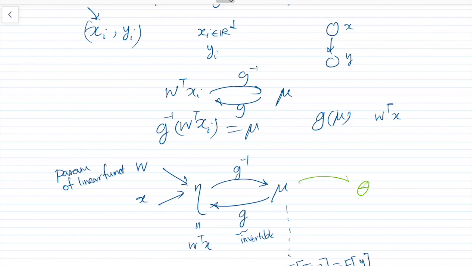So if I want to get an arrow between these two, this should be A prime, and this should be A prime minus 1.